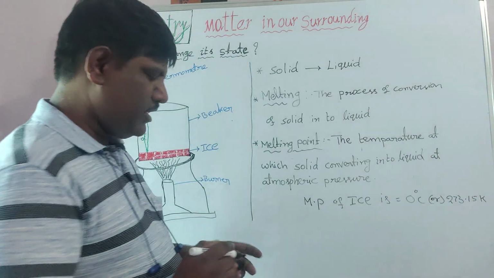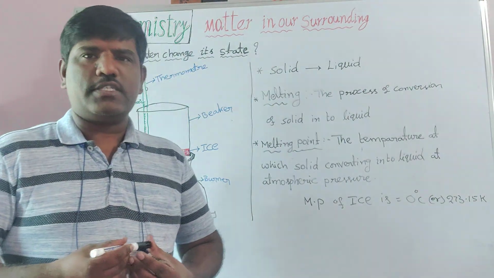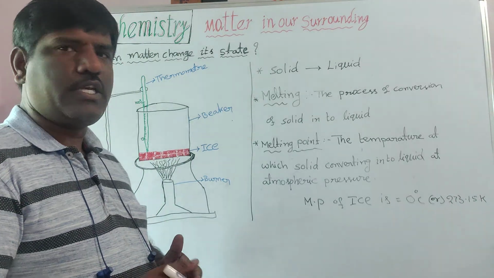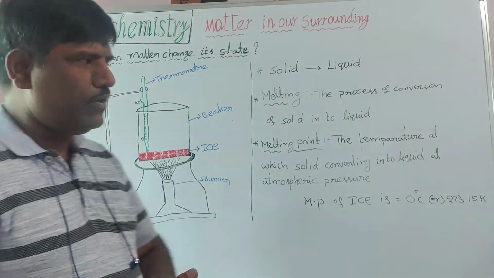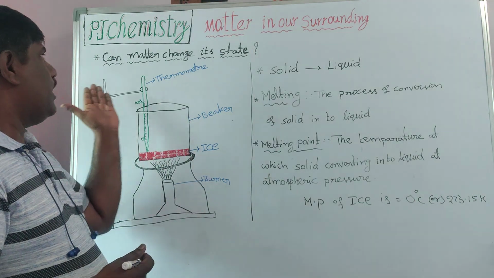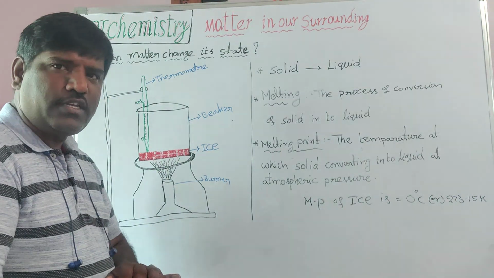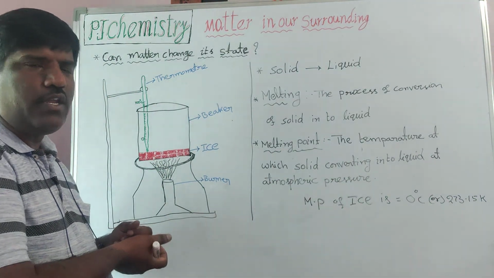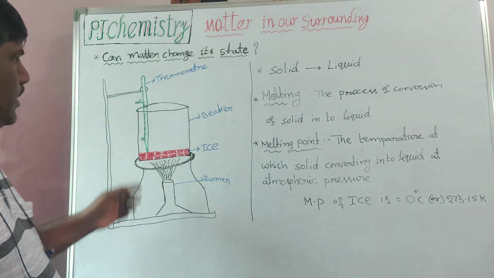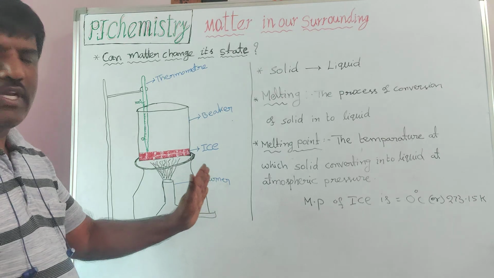There are different temperature scales: Celsius scale, Kelvin scale, Fahrenheit scale. About the scales we will discuss in a separate video. So, can matter change its state? Yes. Through this activity we see that matter can change its physical state, solid to liquid.